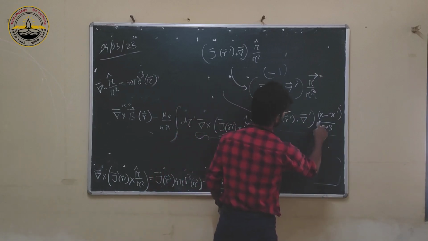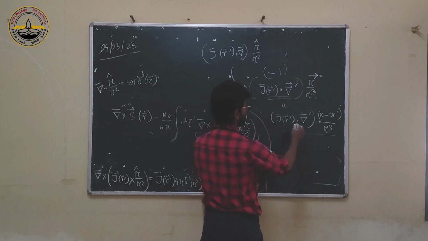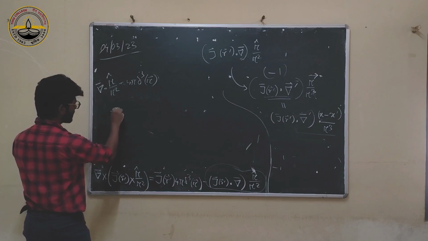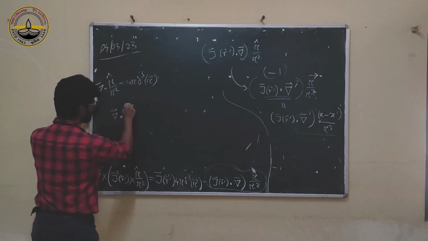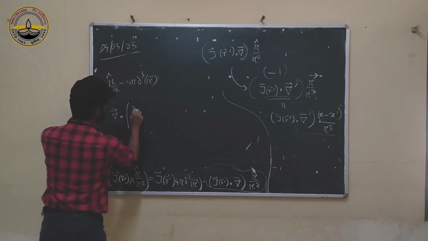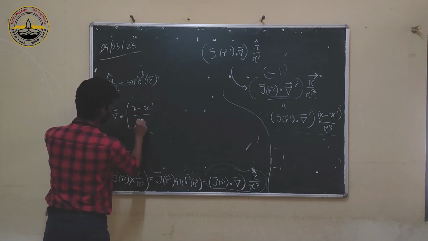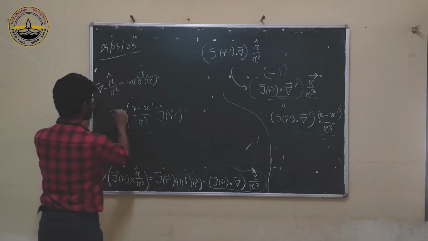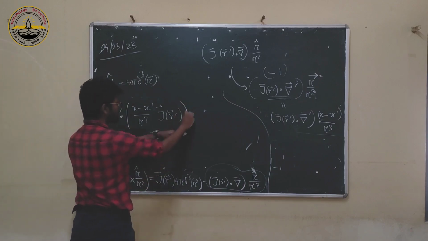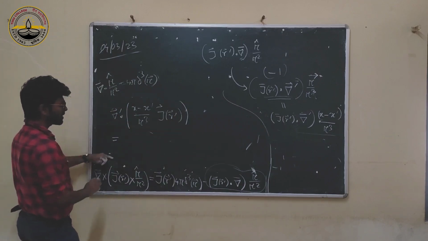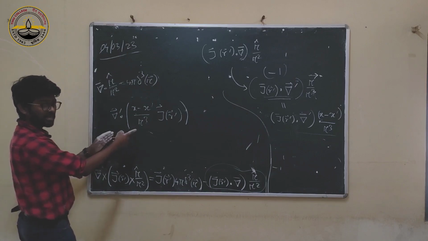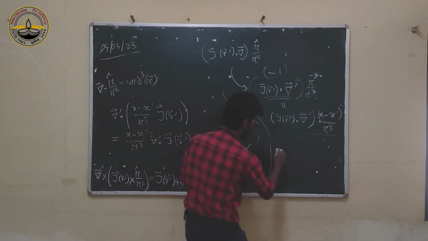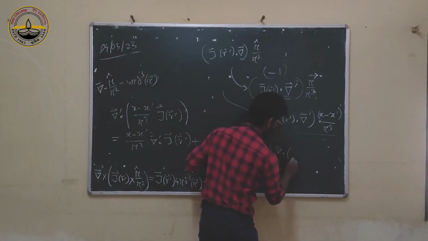And then if you apply the chain rule, you need to do the x component of this, del prime dot of, let's say, x minus x prime by r cube and j of r prime. If you expand this thing, what was the formula for this? Divergence of, just tell me really.